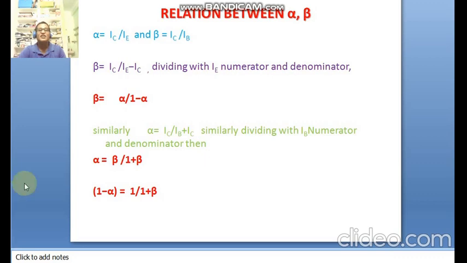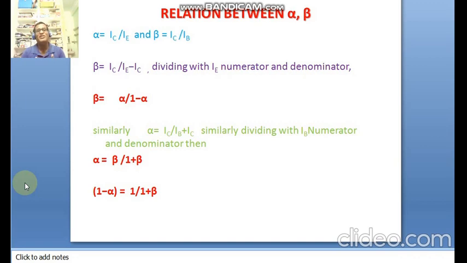Similarly, already we discussed alpha and beta. Alpha is the current gain in common base. Similarly, beta is the current gain in common emitter. Now, if you take the relation between those, alpha DC, here we are taking only DC instead of AC.